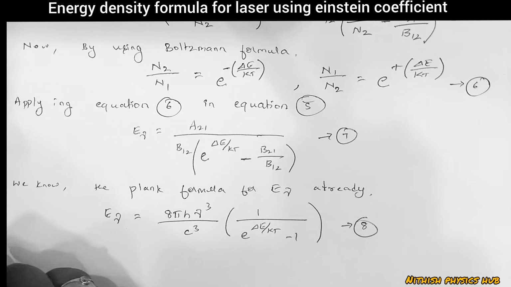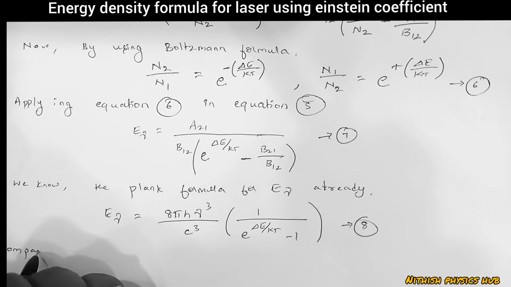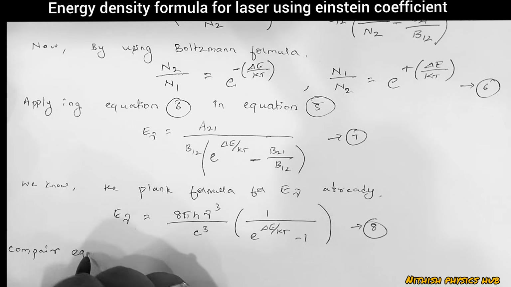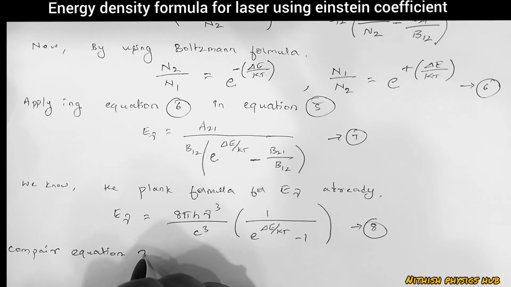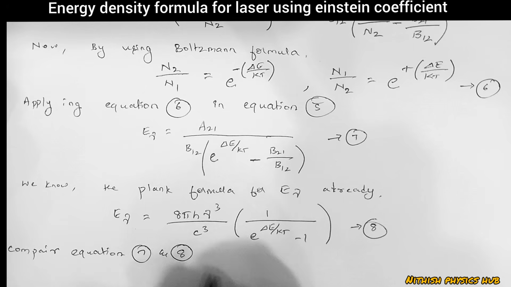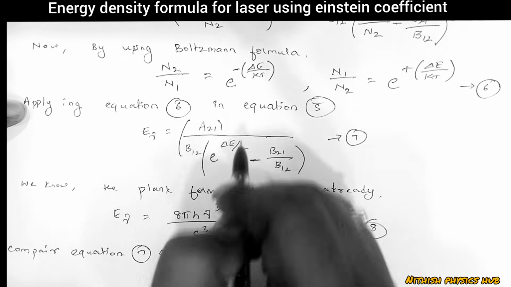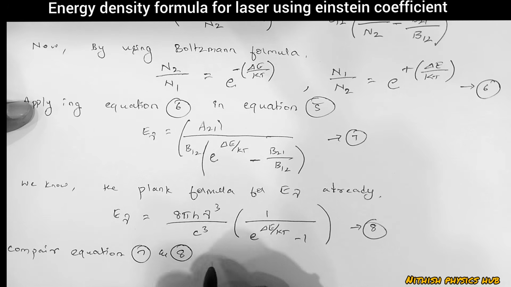Now what we will do is compare equation 7 and equation 8. What will be the comparison? Just observe, in the place of the ratio A21 divided by B12, what is there?